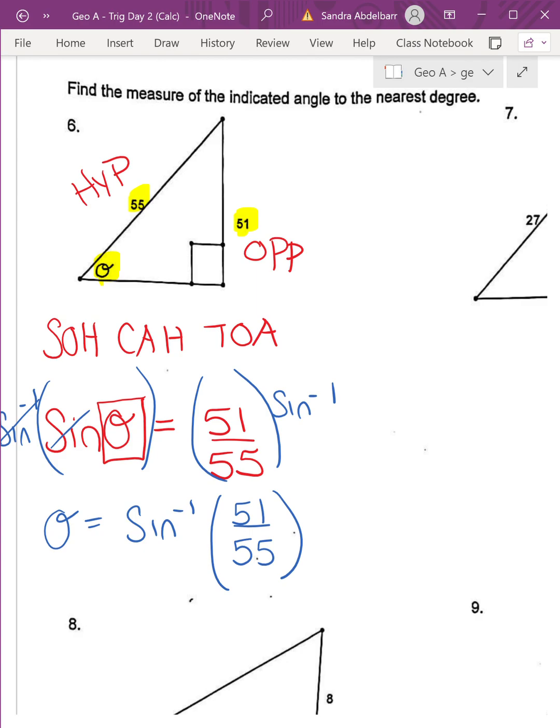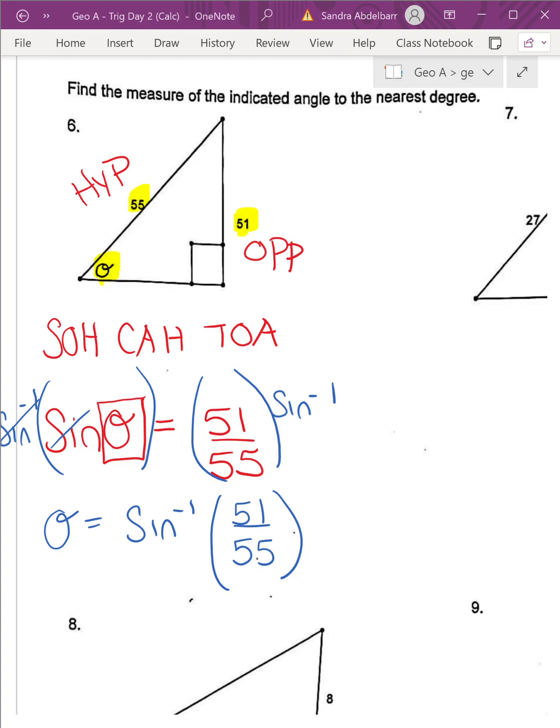I will show you how to type this into your calculator. All right, are you ready? So how do I get sine to the negative 1, the inverse of sine, into the calculator? What do I press? Anybody remember?